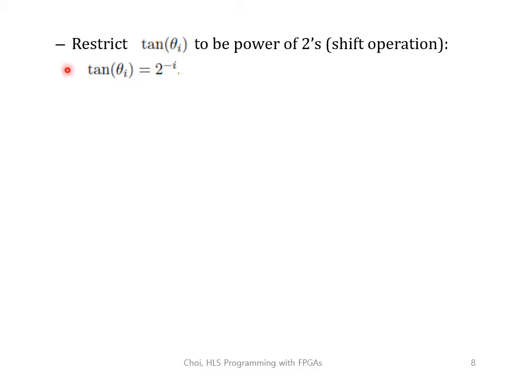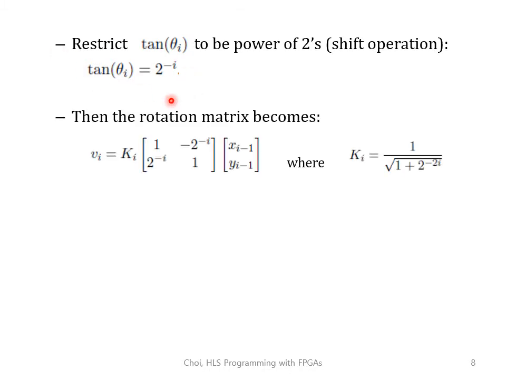All right, like this. Then the rotation matrix becomes K_i times the matrix 1, minus 2 to the power of minus i, 2 to the power of minus i, and 1, where K_i is 1 over the square root of 1 plus 2 to the power of minus 2 times i. So power of 2 is the shift operation, and K_i is the scaling factor.